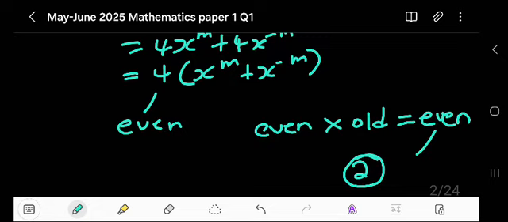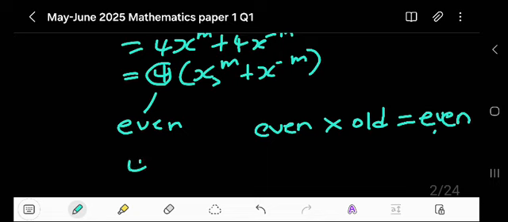Even. So do you see here, guys, we don't care what the value of m or x is, as long as 4 is even. For argument's sake, 4 multiplied by, let's say you get 3.